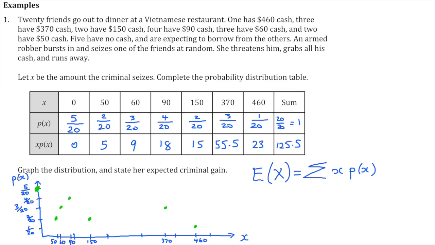That means the expected value that this criminal is going to take home is $125.50. So if the criminal comes in, all the friends are at the table and have this cash, and they randomly pick one person to rob, we'd expect, as an average, a weighted mean, the expected amount that they might take off with is $125.50.